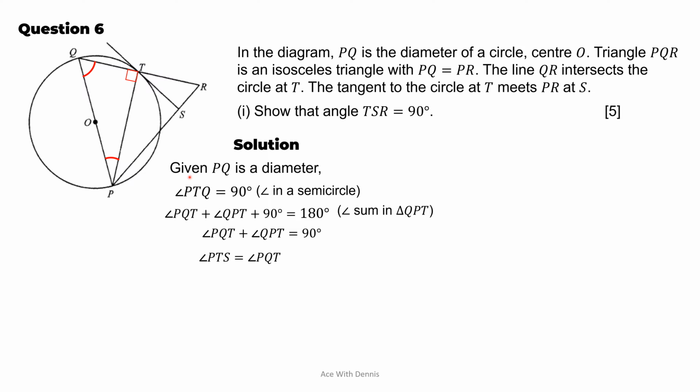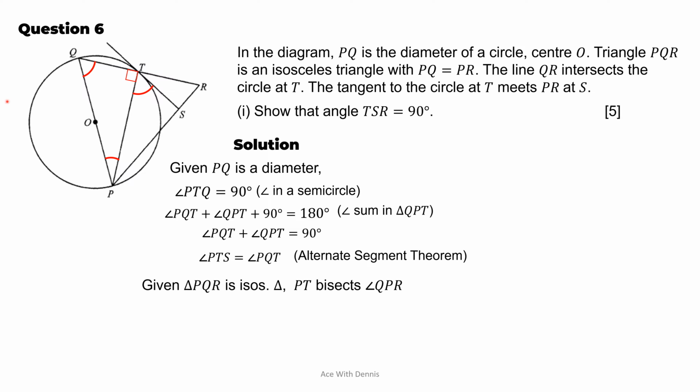So angle PTS equals angle PQT because of the alternate segment theorem. Now let's label this angle as PQT. Next, given that triangle PQR is an isosceles triangle, PT bisects angle PQR.